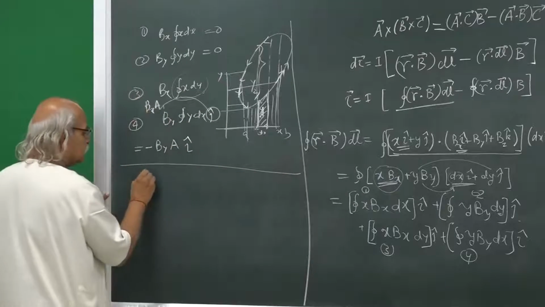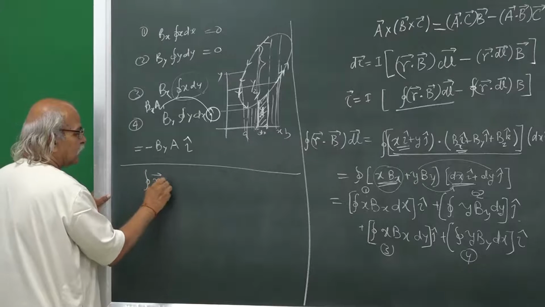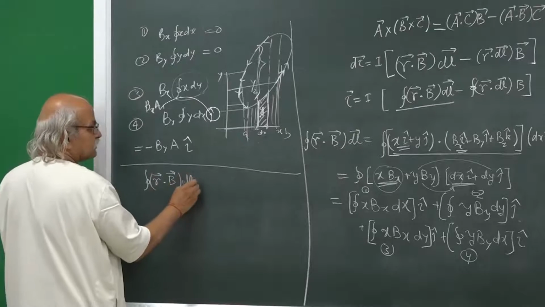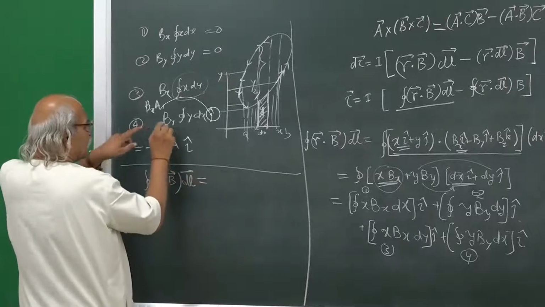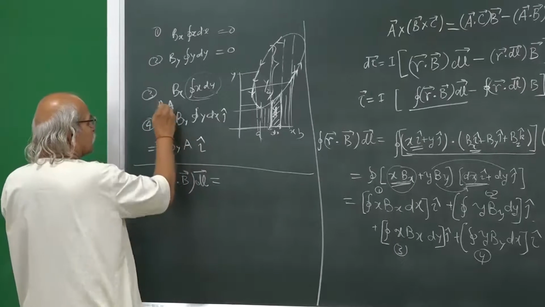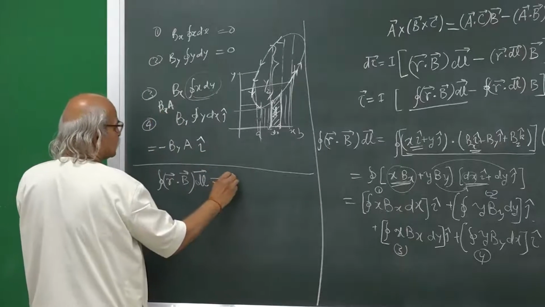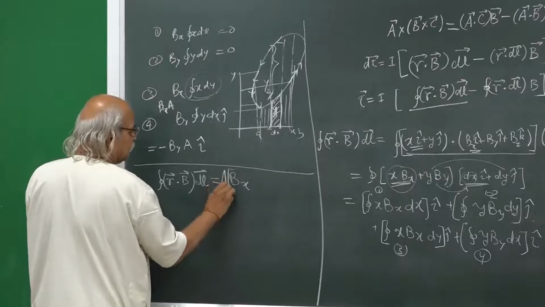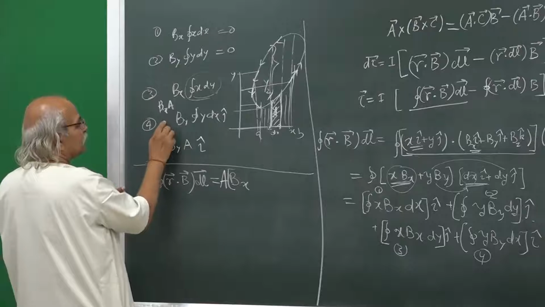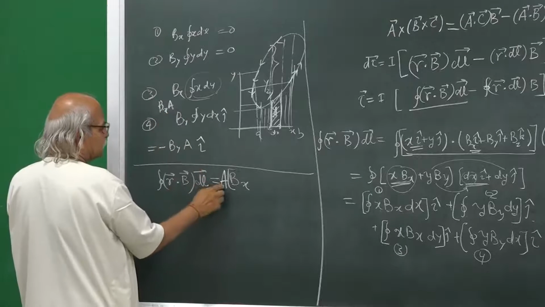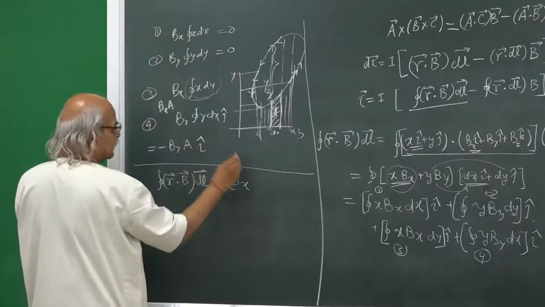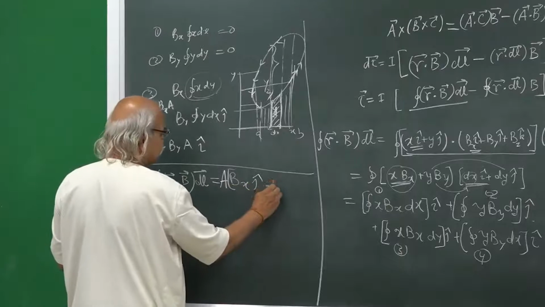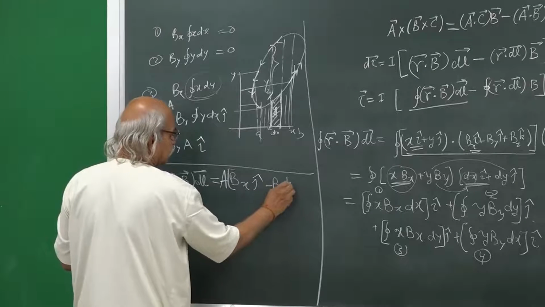So this integration of r dot b dl is equal to, from 3 and 4, b_x times a, where a is the area we have written outside, with j cap, and then minus b_y with i cap.